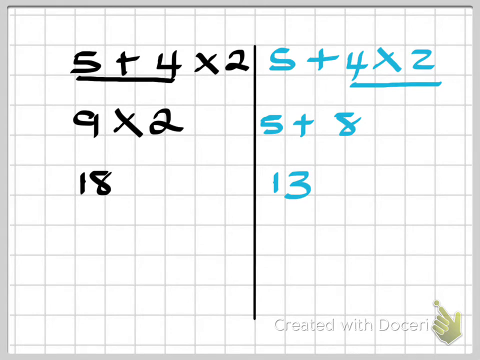Now we have the exact same sum, but 2 different answers. So who is right? In the first example, I just worked from left to right and ignored having knowledge about Bodmas. On the right hand side, I applied Bodmas to the exact same sum. So this is the correct answer, and this is the incorrect answer.